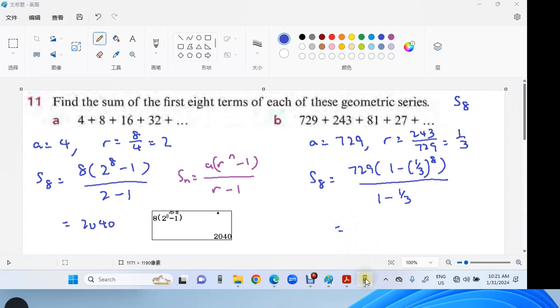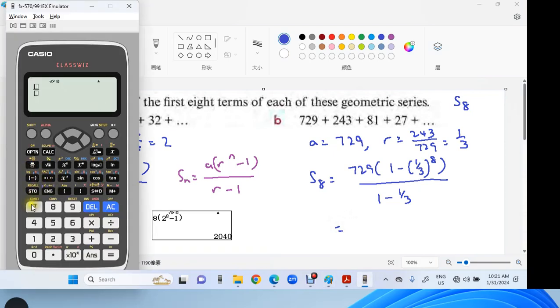Okay, so we have the 729 bracket 1 minus 1 over 3 to the power of 8, and I close the bracket, divided by 1 minus 1 over 3. So this will be the answer.